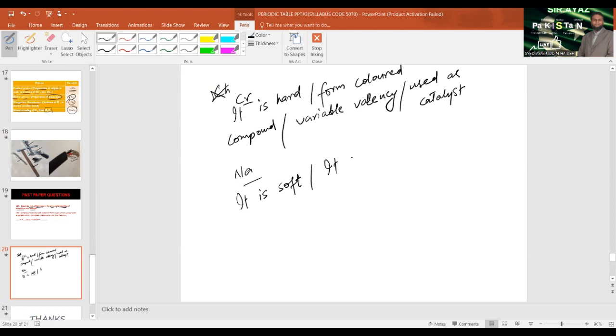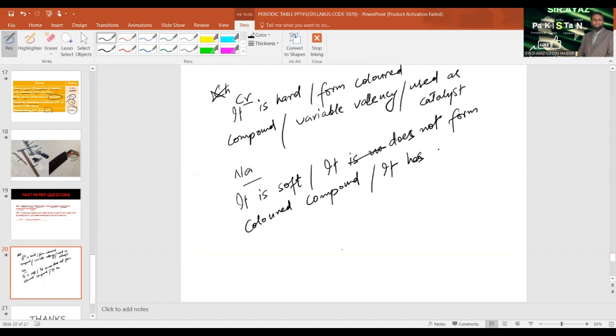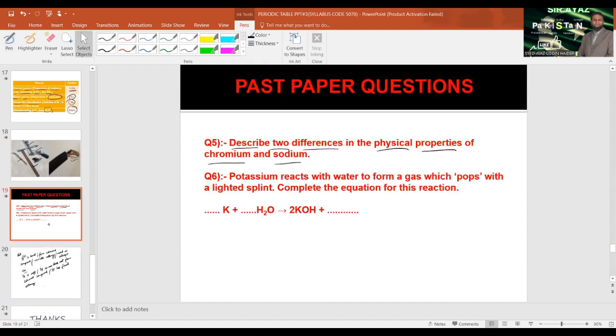It's not colored. It does not form colored compound. It has fixed valency. That is one. You can also write other points like chromium have high melting point, high density. Sodium got low density, low melting point, etc.